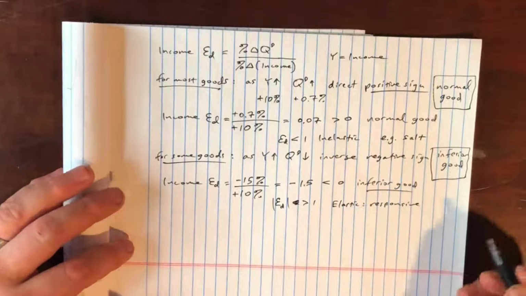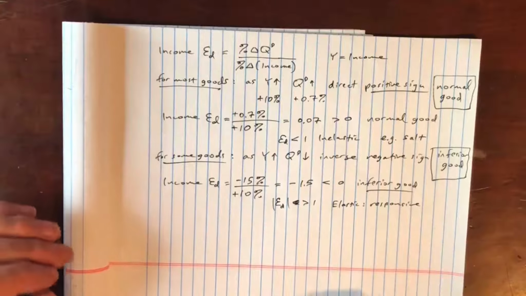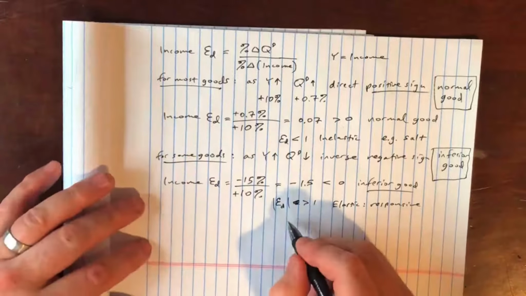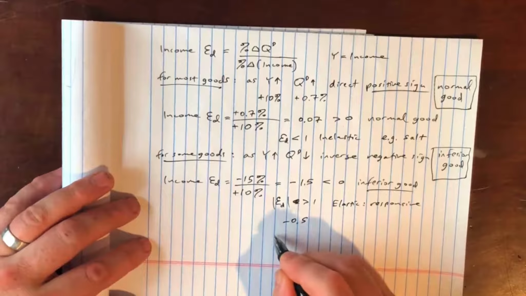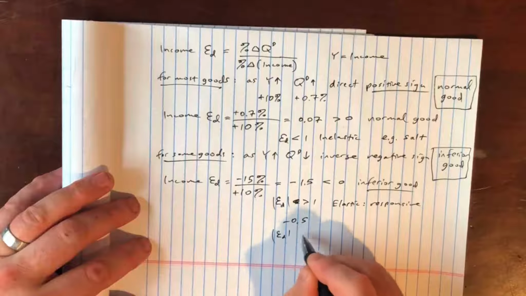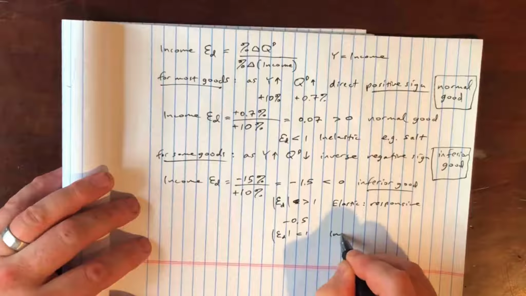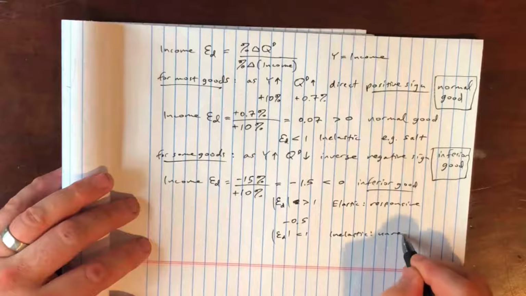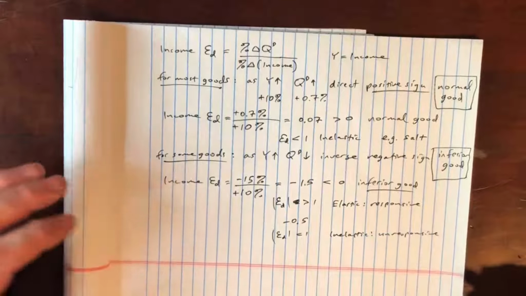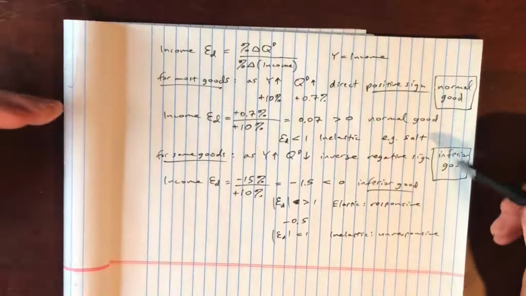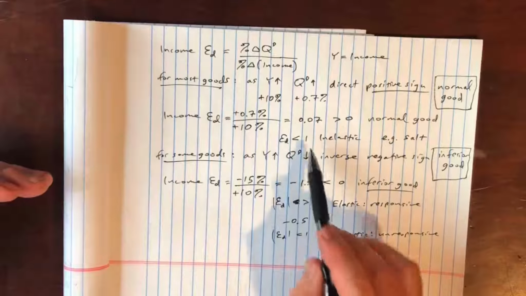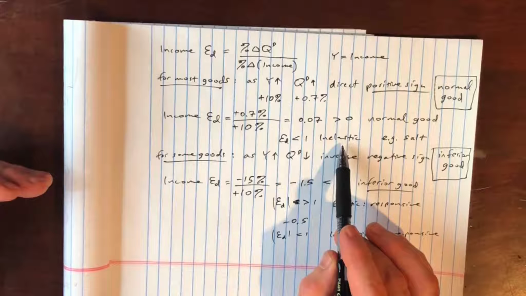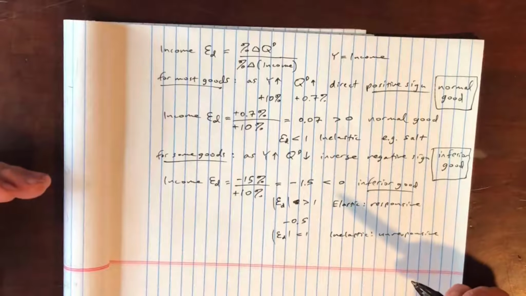So it's responsive, but in a negative direction, okay? So if it had been 0.5 but negative, well, now the elasticity of demand would be less than 1, and we would say it's inelastic or unresponsive to income changes, all right? So the size matters, right? We're still looking at it relative to 1, okay? Less than 1, it's inelastic. Greater than 1, it's elastic.